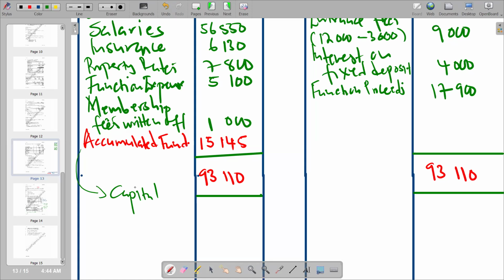So there is a difference in the terms that we use in a profit making organization, that is a business, and a not-for-profit making organization. Remember, this is a club, so it's not profit making. Instead of saying capital, which we use in the profit making organization, in this case we call that accumulated fund.